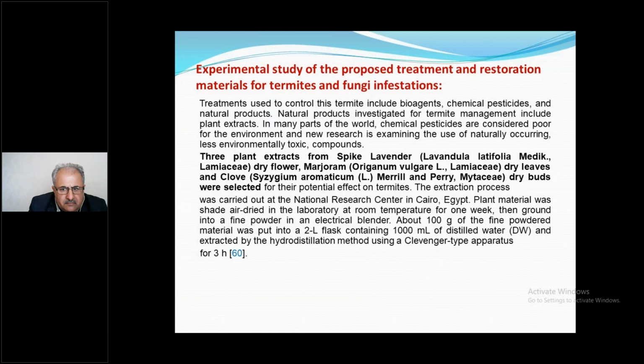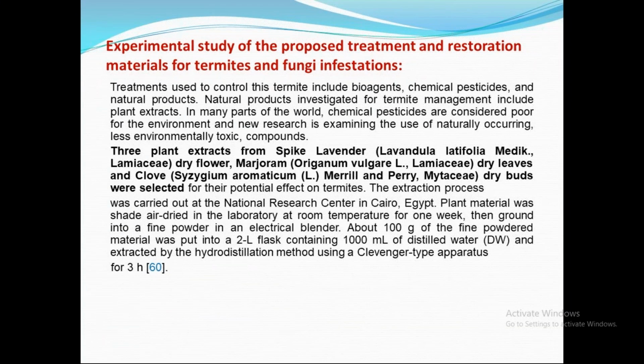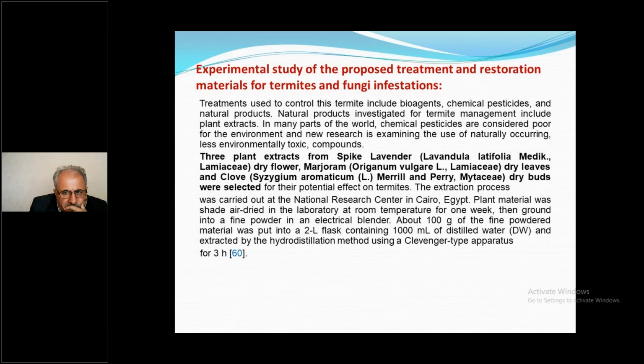Plants were shade air dried in the laboratory at room temperature for 1 week, then ground into a fine powder in an electrical blender. About 100 grams of this powder material was put into a 2-liter flask containing 1,000 milliliters of distilled water and extracted by the hydrodistillation method using a Clevenger tube for 3 hours.